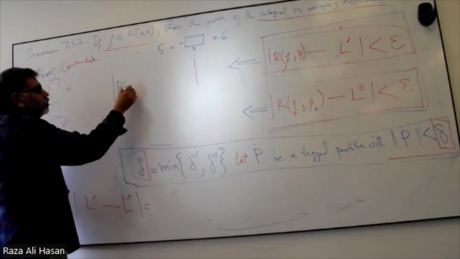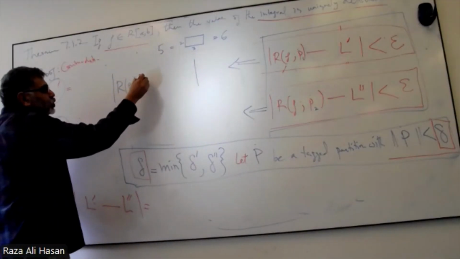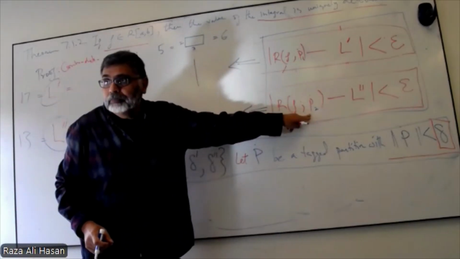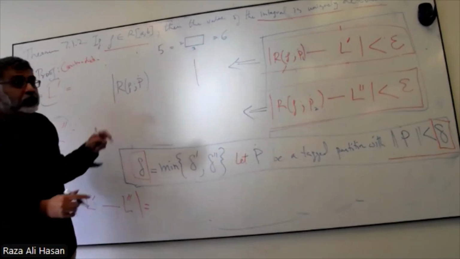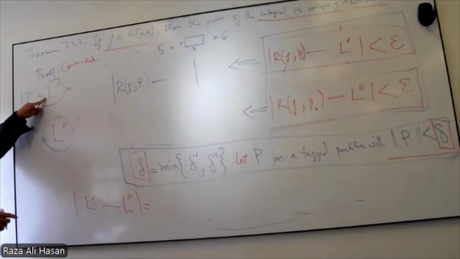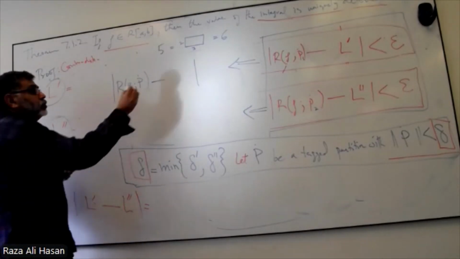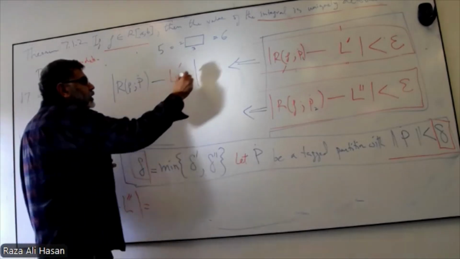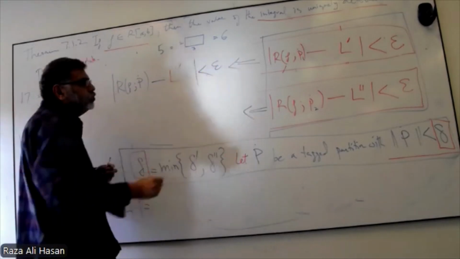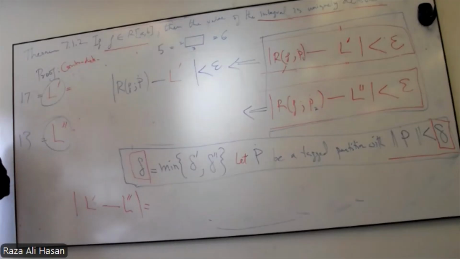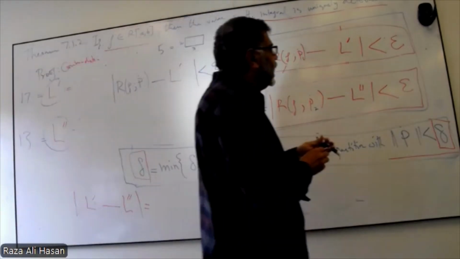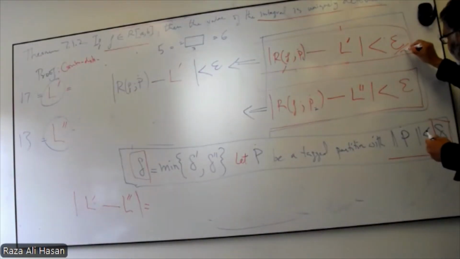So R function partition, and now the partition is the P2, the finer partition, minus, this is still true, and this should be less than epsilon what? And actually, the mistake I made was I forgot to do this.